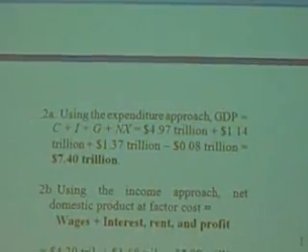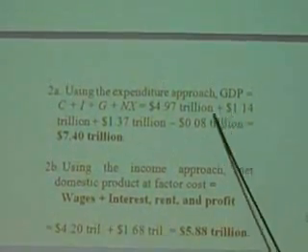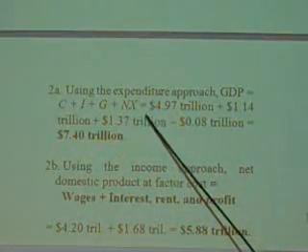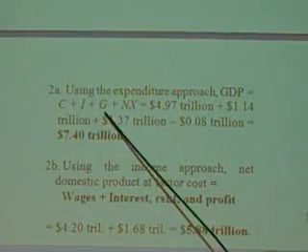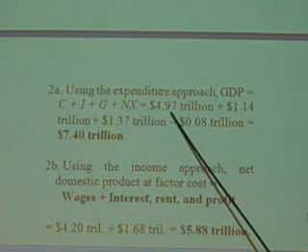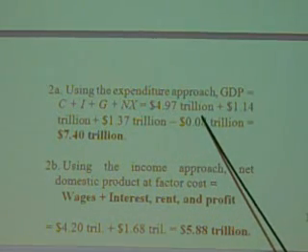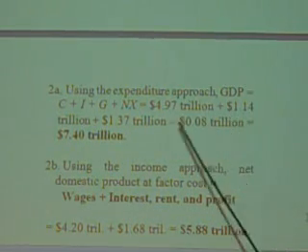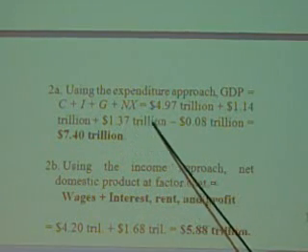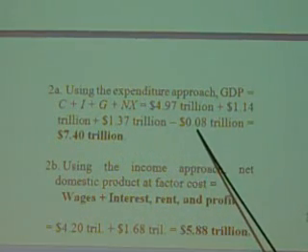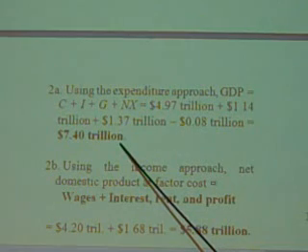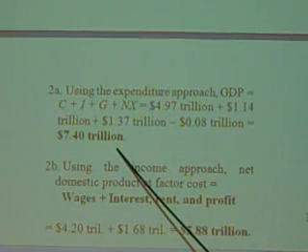If you use the expenditure approach, GDP equals that familiar formula now, C plus I plus G plus NX. So it's 4.97 trillion plus 1.14 trillion plus 1.37 trillion minus 0.08 trillion. You come up with a final number of $7.4 trillion.